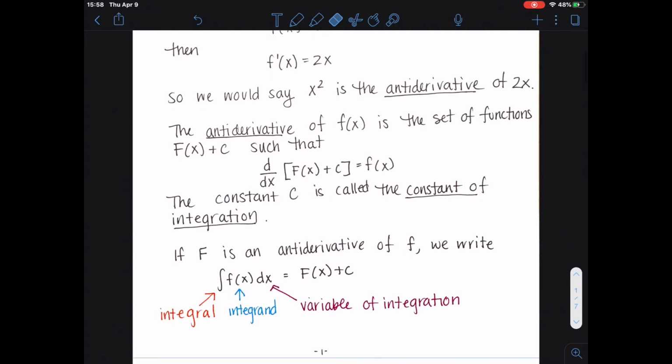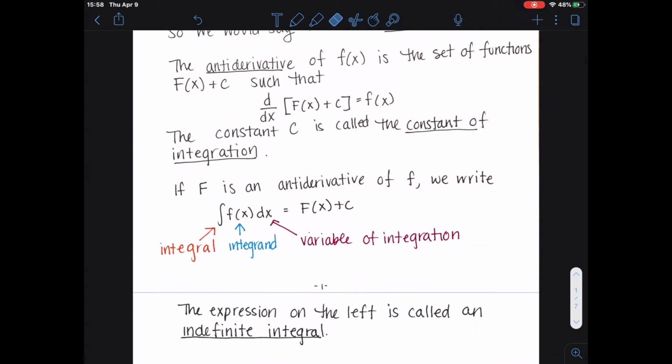The expression on the left-hand side is an indefinite integral, because you have nothing going on out here. In the next couple of sections, we're going to add bounds to start the integral somewhere and end it elsewhere. That will be what we call a definite integral.